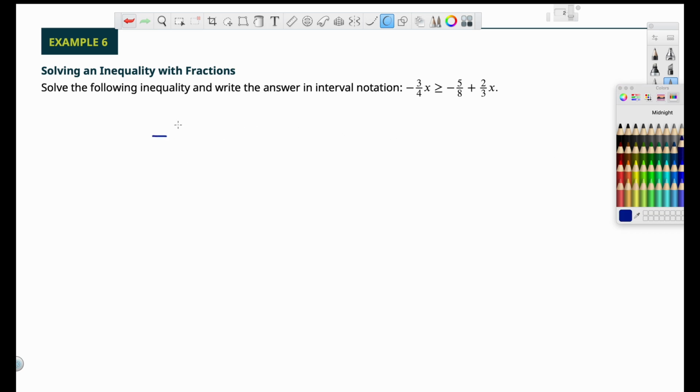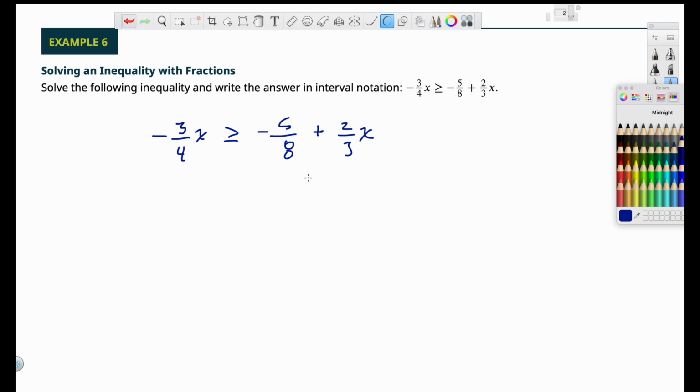We've got some fractions here. So we know how to deal with fractions. We could do the common denominator and all that, but I would prefer to just clear the fractions. So 4, 8, and 3 go into what number? What's the smallest number that 4, 8, and 3 go into?